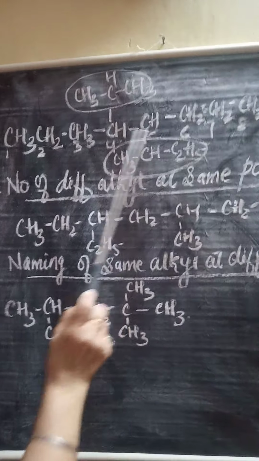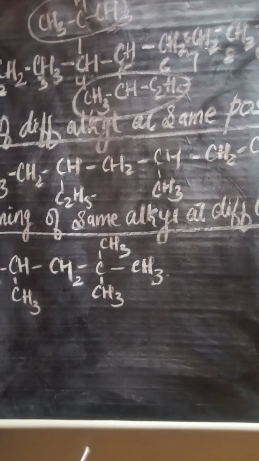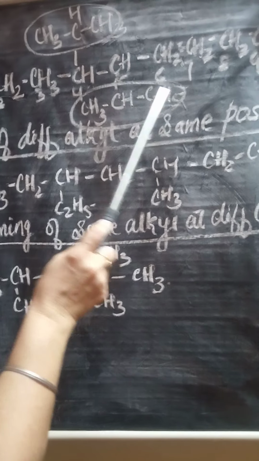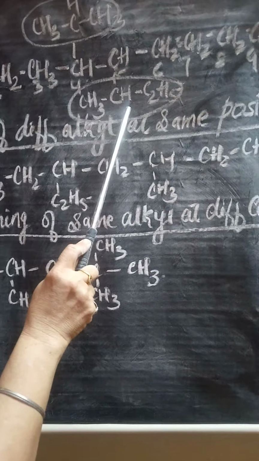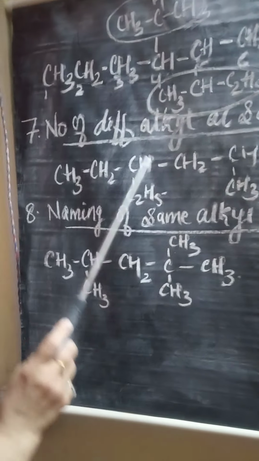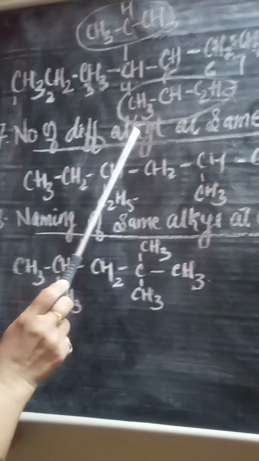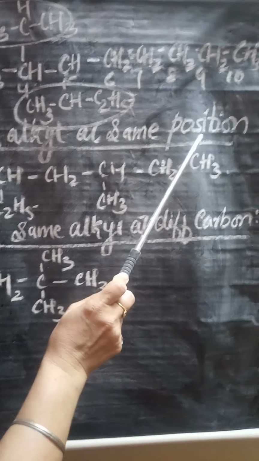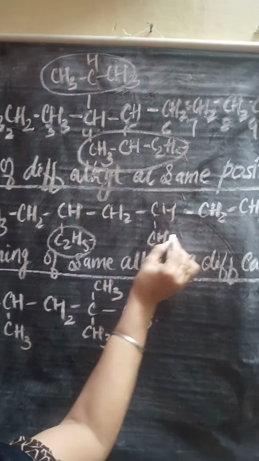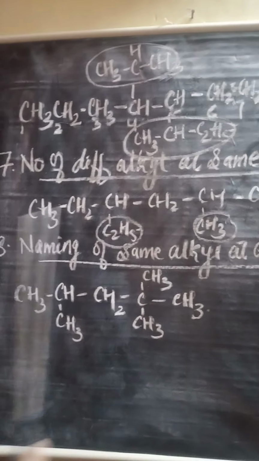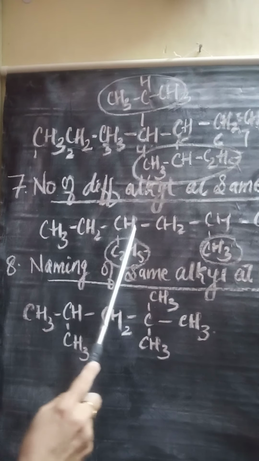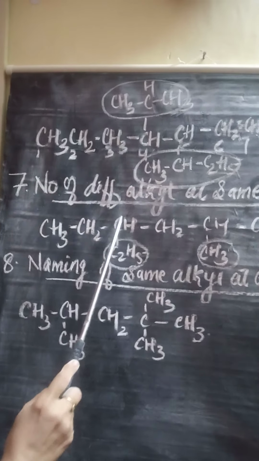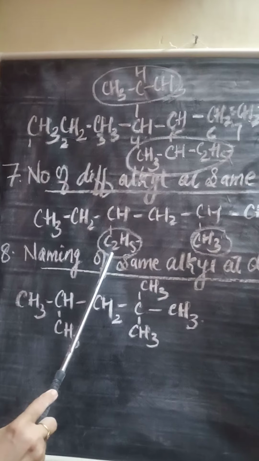This way. That means the iso word or secondary word should also be kept in the name along with the substituent group which has been attached. Next rule that we have to follow: number of different alkyl groups attached in the same position. So what we have to do? See, this is the longest chain having 2 alkyl groups attached here. But while numbering, we will see that from both sides, a 3rd carbon alkyl group is attached.